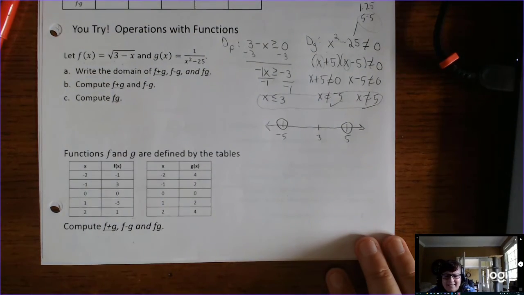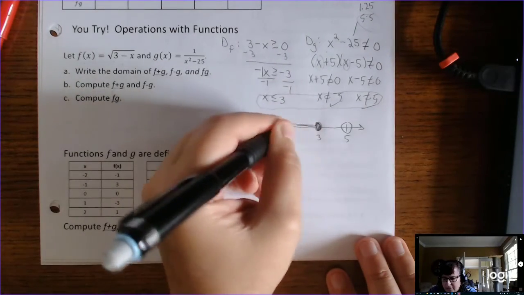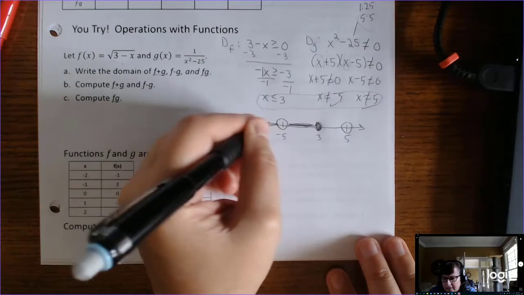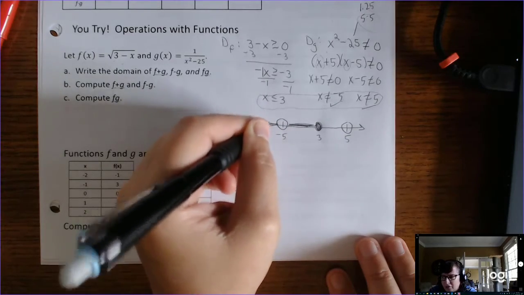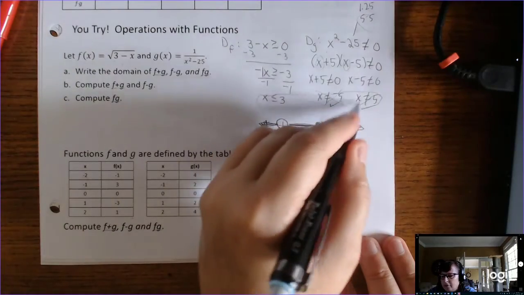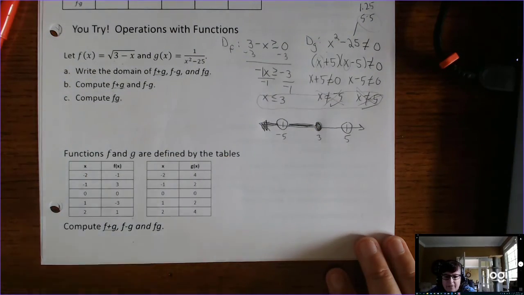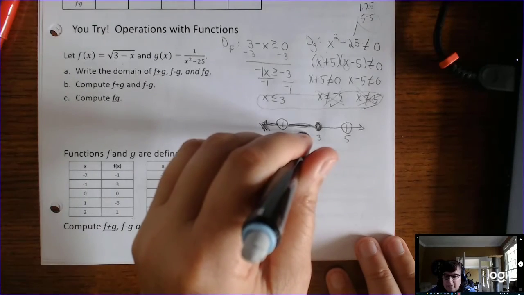Now what about x is less than or equal to 3? That has to be true. All the numbers have to be less than or equal to 3. So that would mean you would have a colored in circle at 3 and to the left, but remember it can't be negative 5. And this is the reason why you have to graph, because it turns out 5 isn't needed, can't be 5 isn't needed because we know it has to be less than or equal to 3.